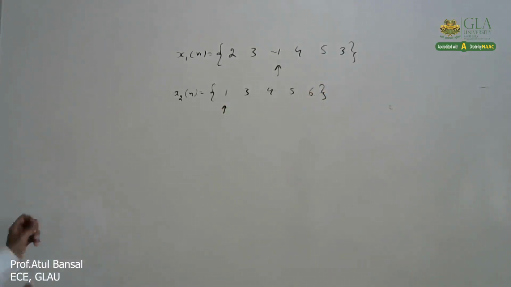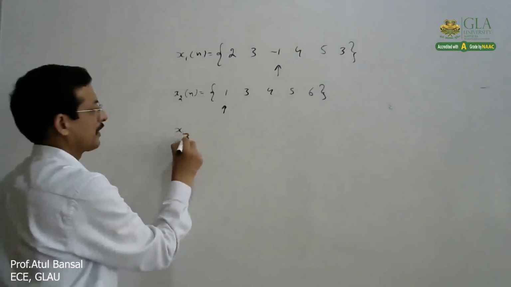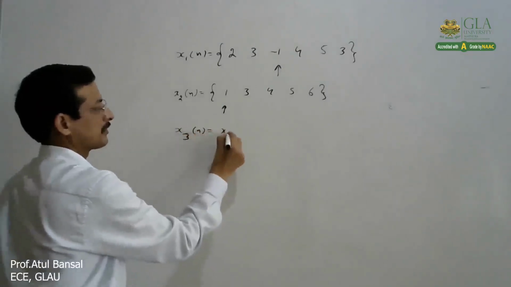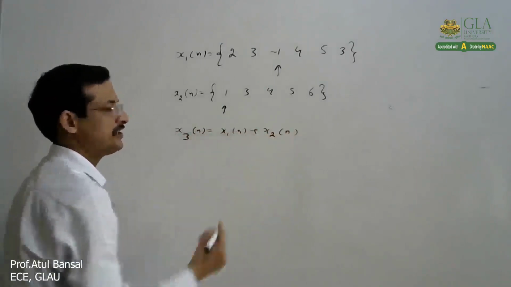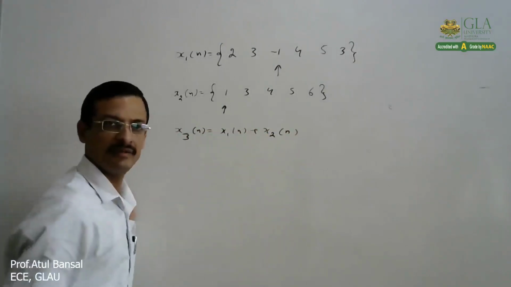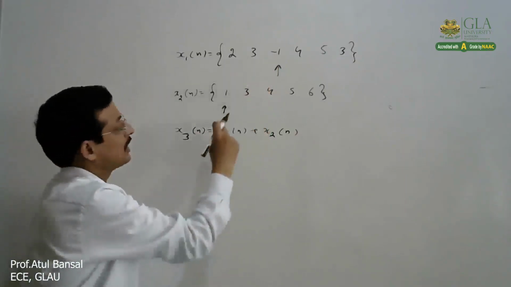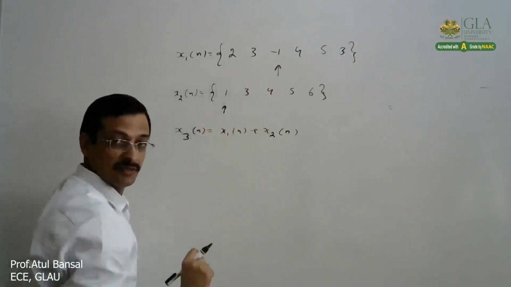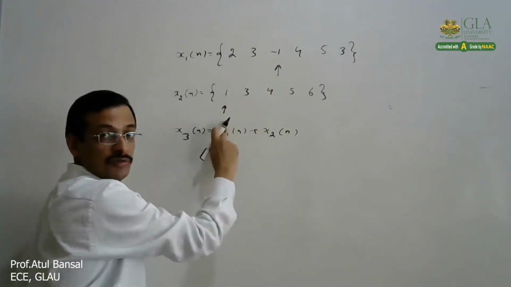Now we want the addition of two signals. X3n is x1n plus x2n. What will happen? This will add up at each instant. So this, again, you have to see carefully. What is this instant? n equal to 0.